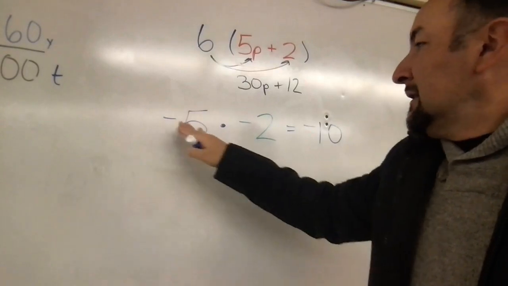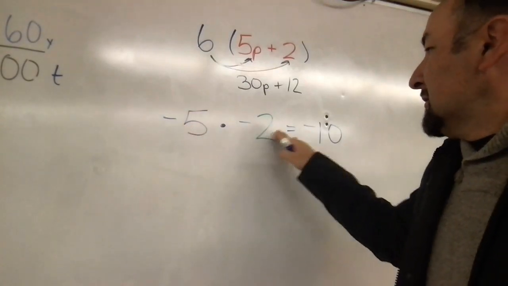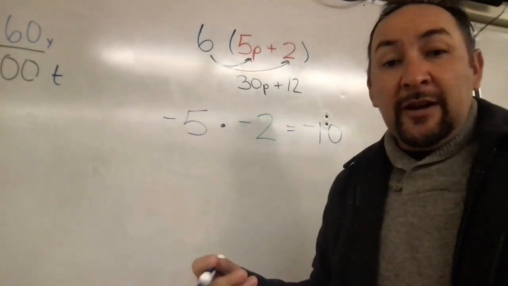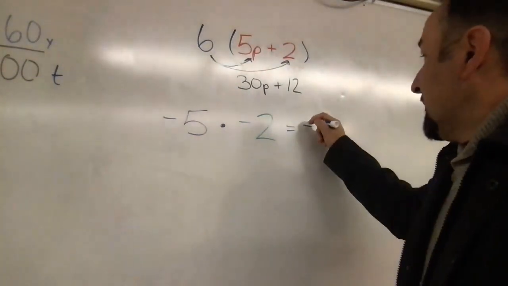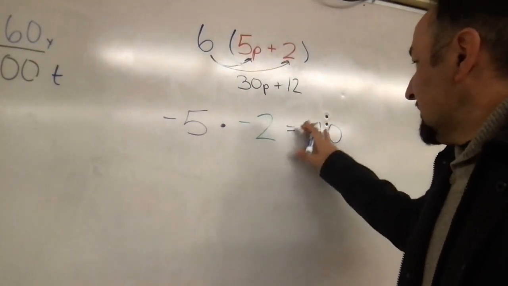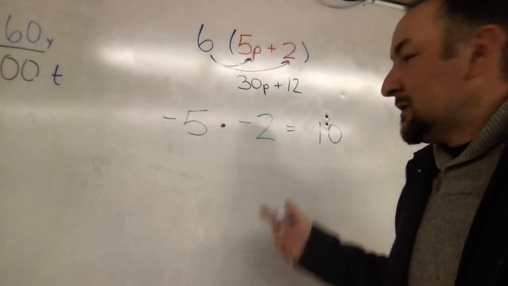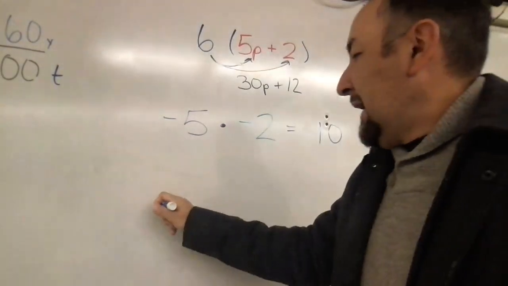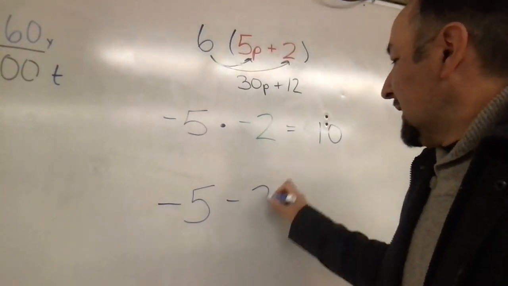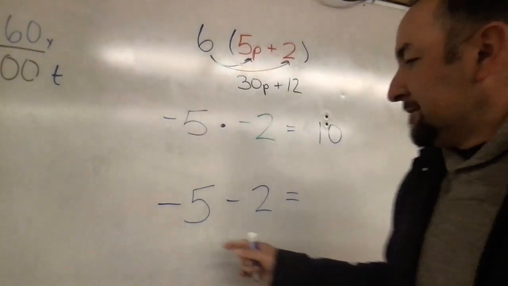The opposite of 5 times losing $2. What's the opposite of 5 times losing $2? Is 5 times winning $2. That would be a positive 10, which we would just see or write as just regular 10.